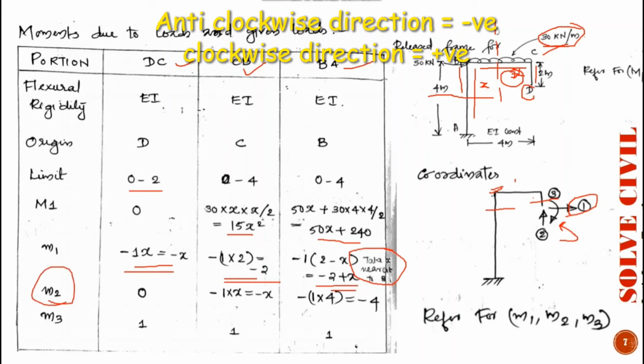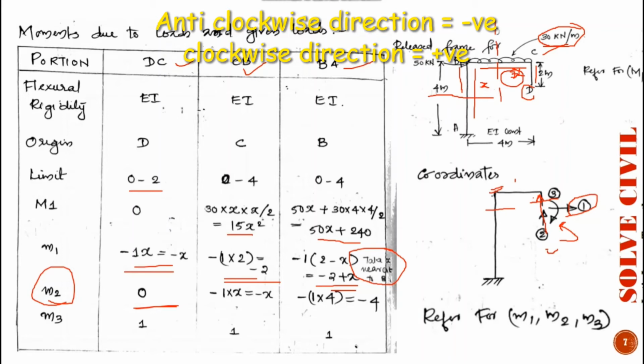Now M2. Since it is a vertical reaction, the load will be cancelled or the value will be 0, since we have no distance to calculate here.